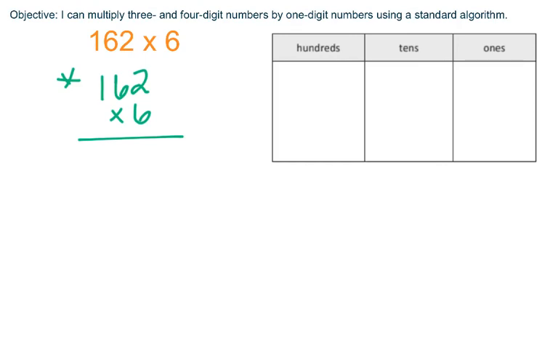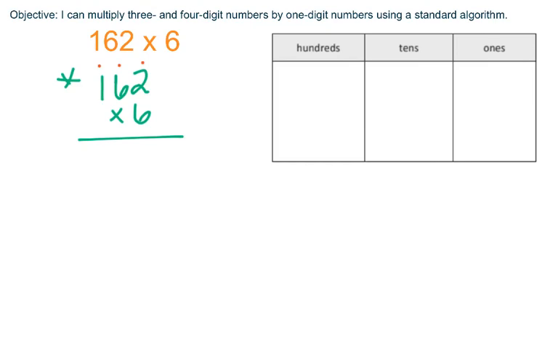But if you go out of order in any way, it can affect the final outcome of your problem. The first thing we need to do is note that we're going to be taking each one of these numbers times 6.